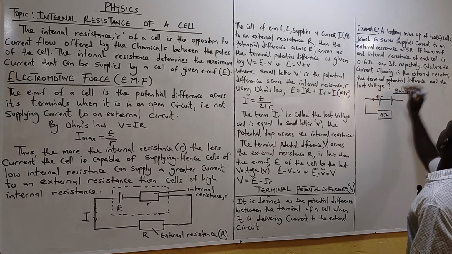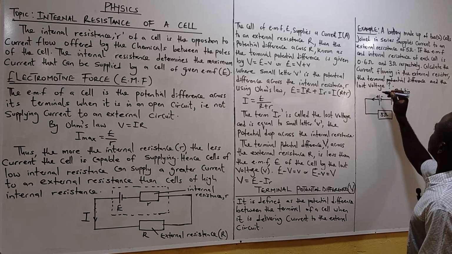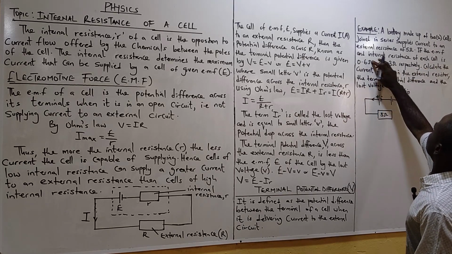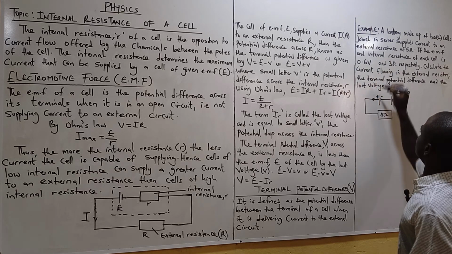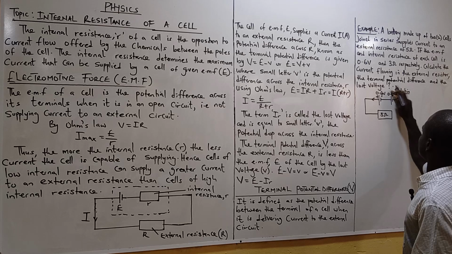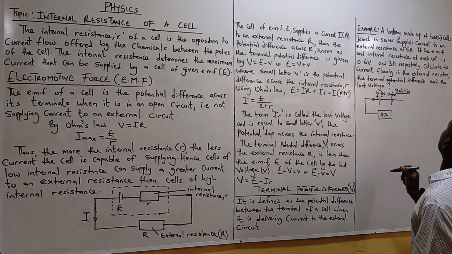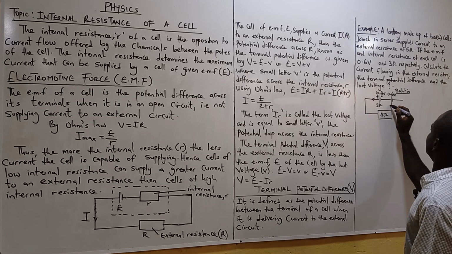The EMF of each cell is 0.6 volt, and the internal resistance is 3 ohm.